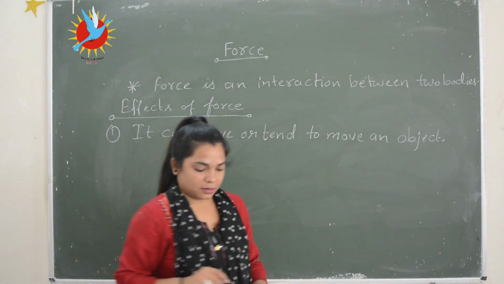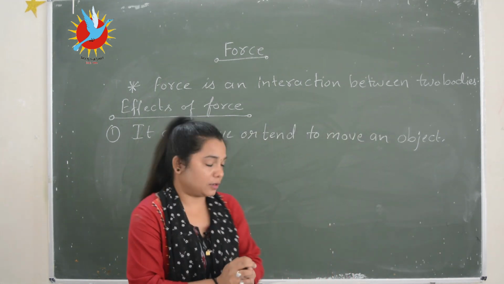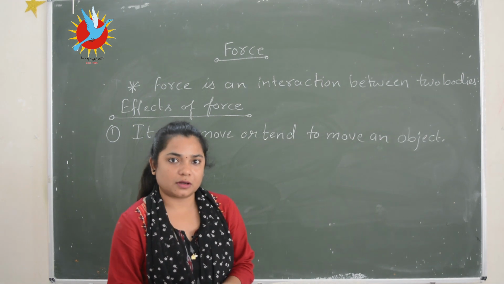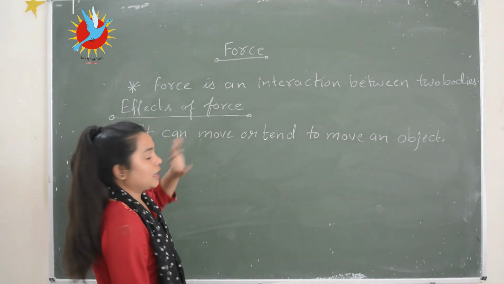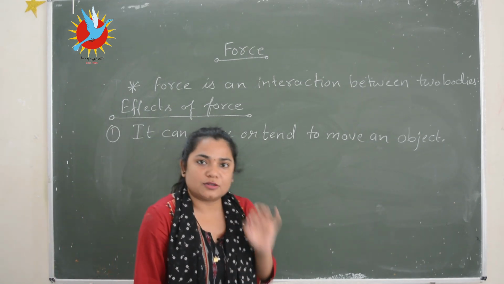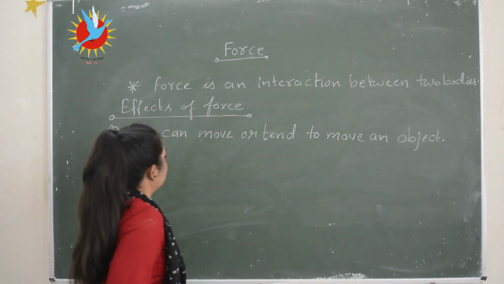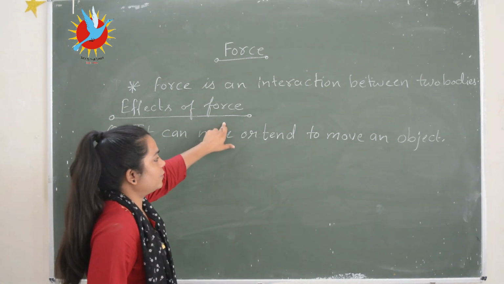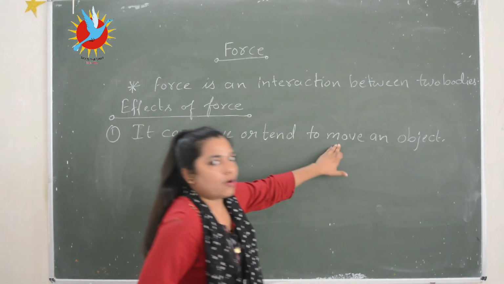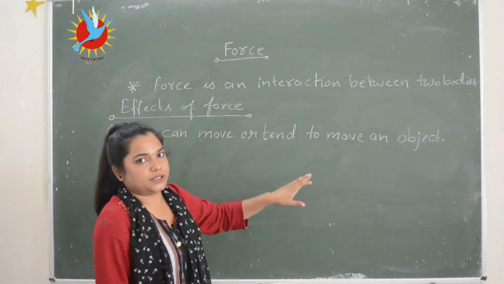Okay, for example, when you play football, you hit the ball with your legs. Okay, without applying a force, the movement of the ball is not possible. Hence, for the motion of football, you are applying a force. So what is the effect of force? It can move an object or it can tend to move an object.